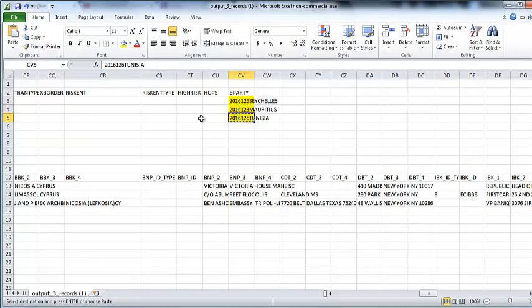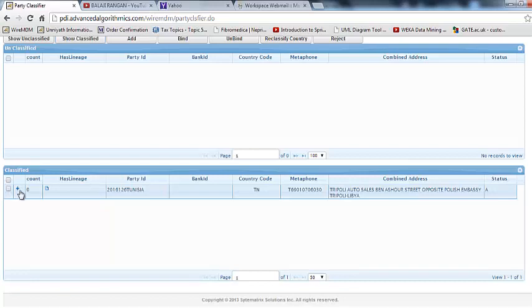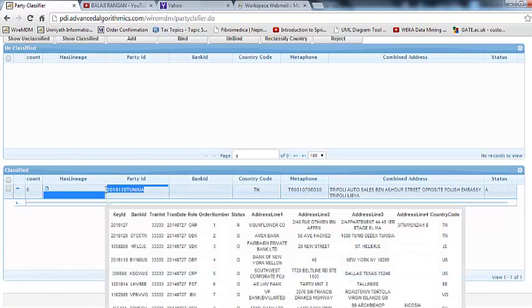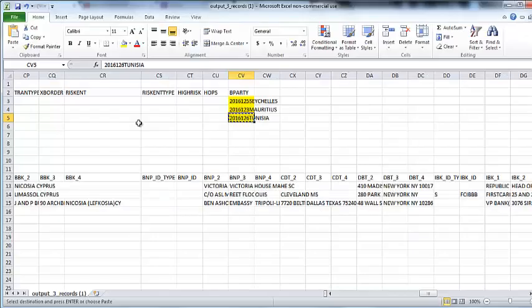Similarly for Tunisia, we have a distinct ID for Tripoli auto sales.